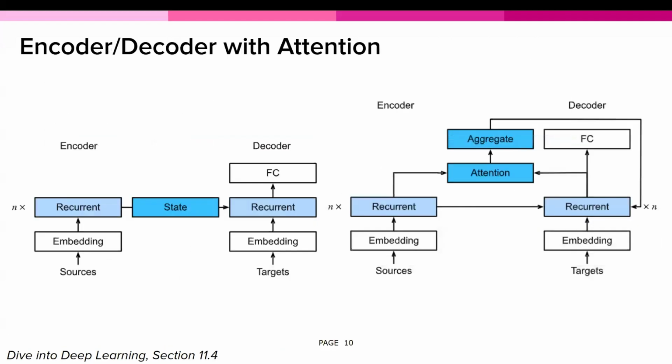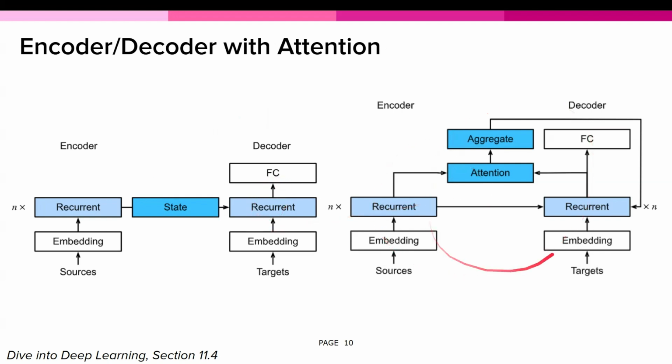To overcome the information bottleneck in traditional sequence-to-sequence models, researchers introduced something called an attention mechanism. In the traditional encoder-decoder architecture on the left here, the encoder processes the input sequence and produces that fixed size context vector, and then passes it along to the decoder to generate its output.